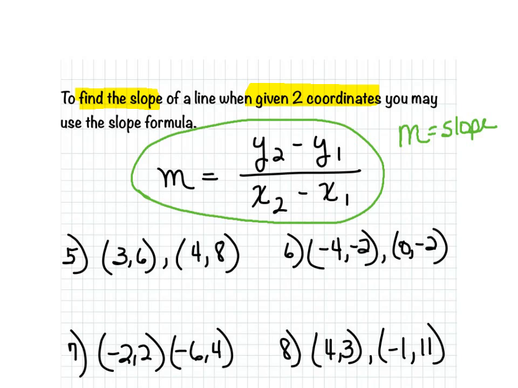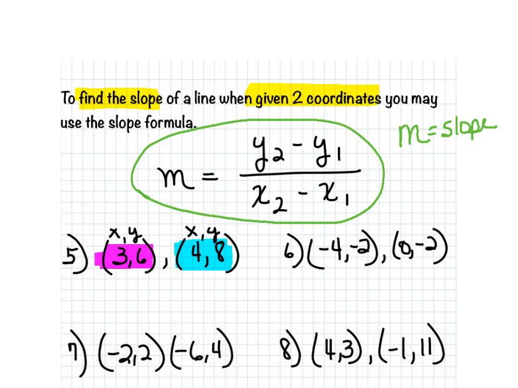Okay? So let me just color code this a little bit for you. I will place pink on point number 1 and blue on point number 2. Just going to remind you real quick, this is x, this is y, this is x, that's y.